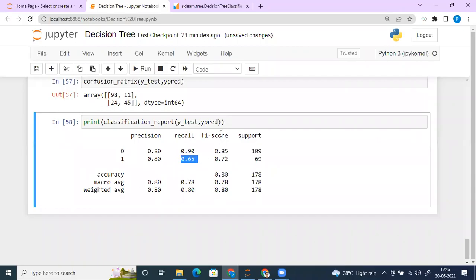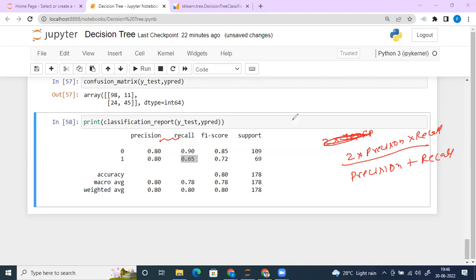Okay. There is one more score known as F1 score. What is that F1 score? It's a representation of both the values, precision and recall. F1 score is nothing but 2 into precision into recall upon precision plus recall.